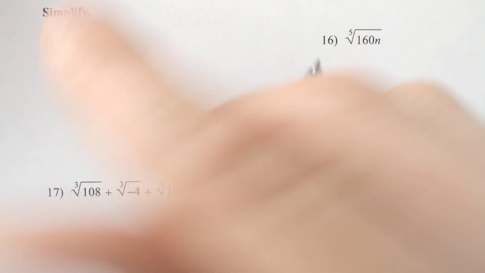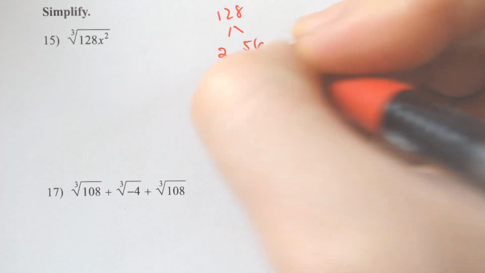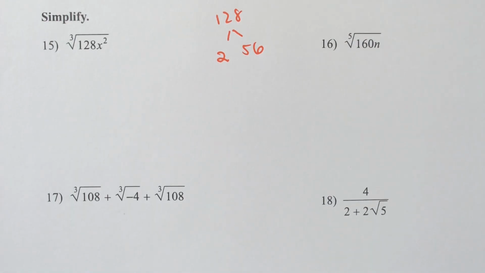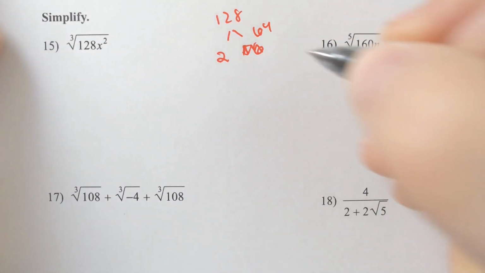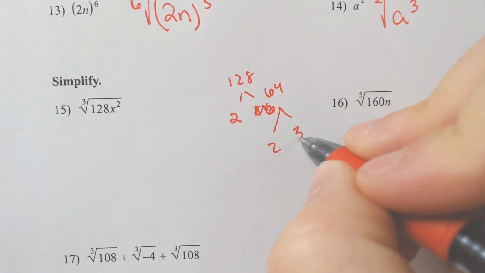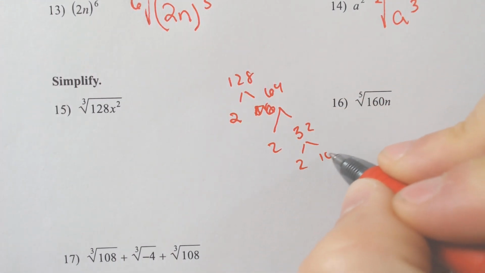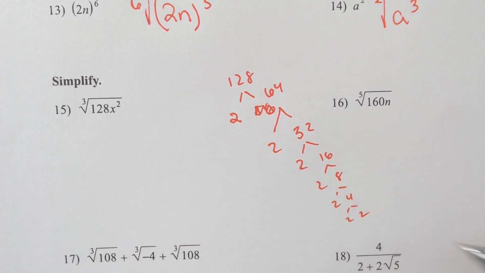Simplifying, the cube root of 128 means you got to break down the 128. 128 divided by 2 is 64. Divide by 2, you get 32. You're going to have a lot of 2s. 2, 16, 2 and 8, 2 and 4, 2 and 2.